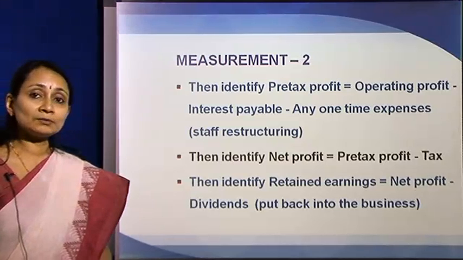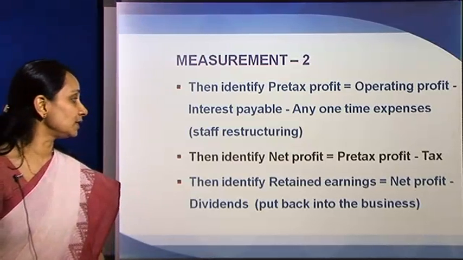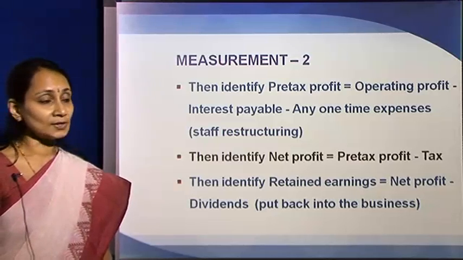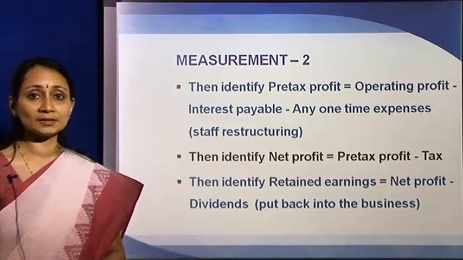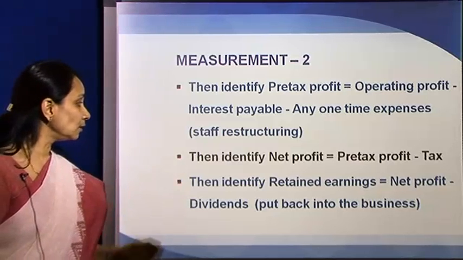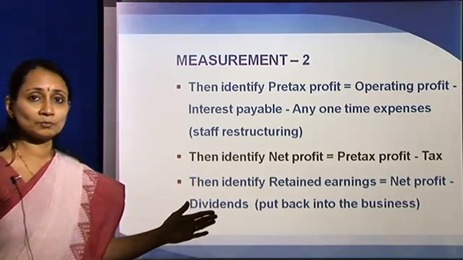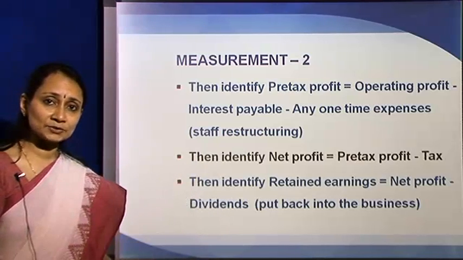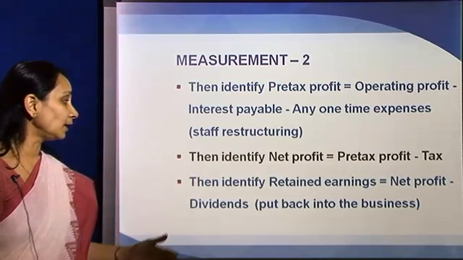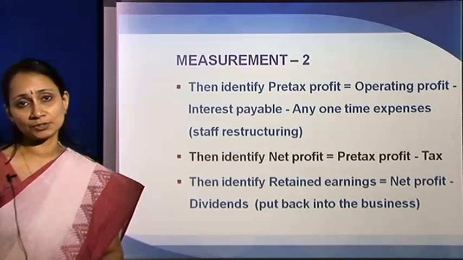Now once we remove the tax from pre-tax profit, what we get is net profit. So finally we have arrived at the net profit, and as I explained earlier, from the net profit we have retained earnings, which is our money invested back into the company, and we have dividends, which is distributed to the shareholders of the company.